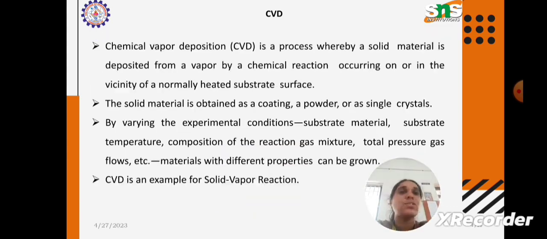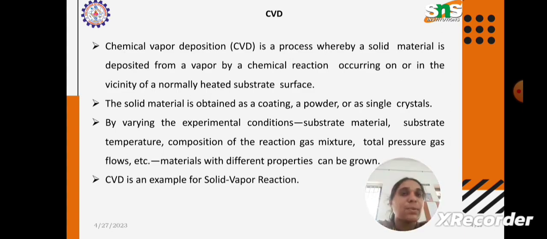Chemical vapor deposition is a process whereby solid material is deposited from a vapor by a chemical reaction occurring on or in the vicinity of a normally heated substrate surface. Mainly the substrate should be a catalyst, such as zinc, lead, etc. The solid material is obtained as a coating, a powder, or a single crystal.